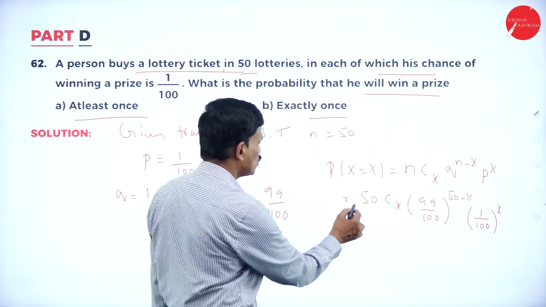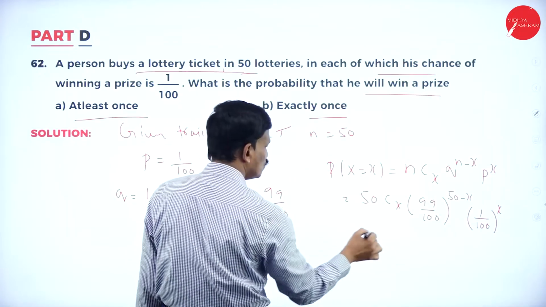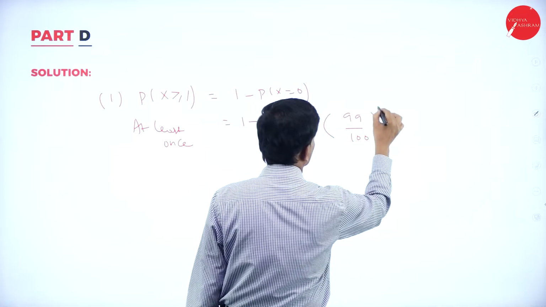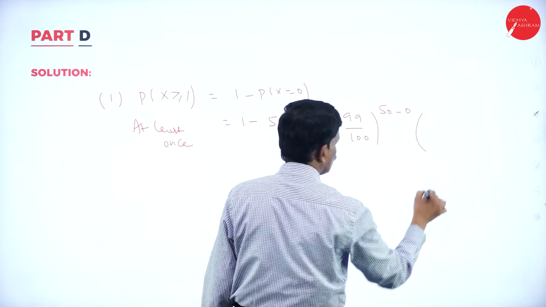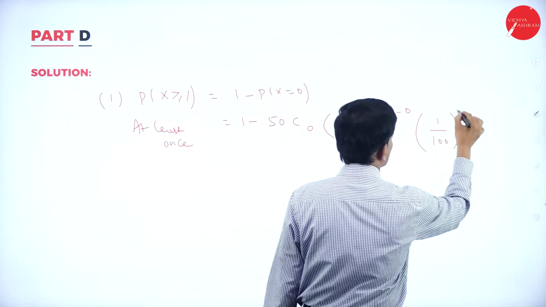So, if you put x equal to 0, 50C0 into 99 by 100 to the power of 50 minus 0 into 1 by 100 to the power of 0.